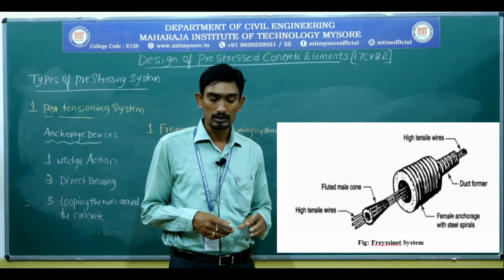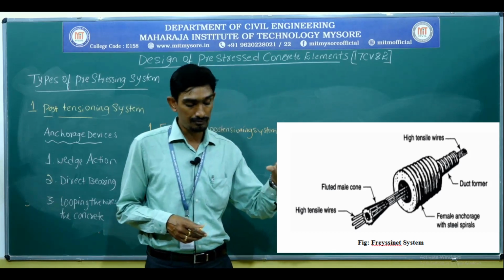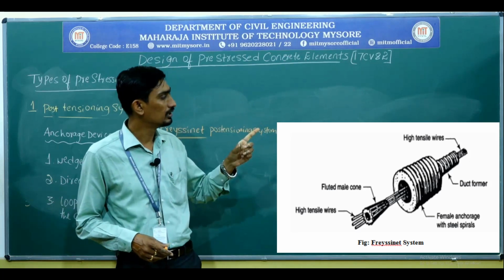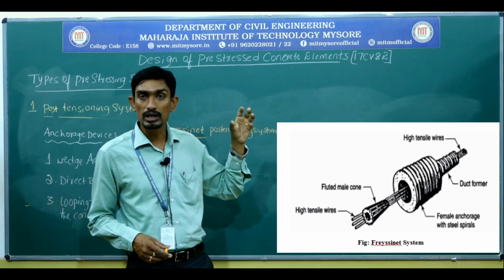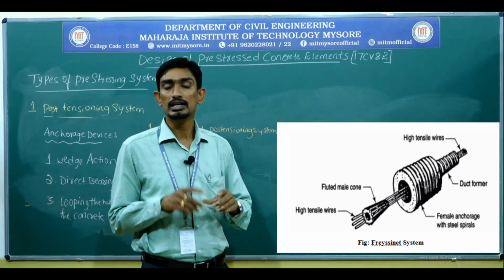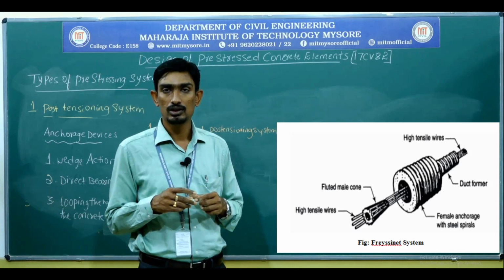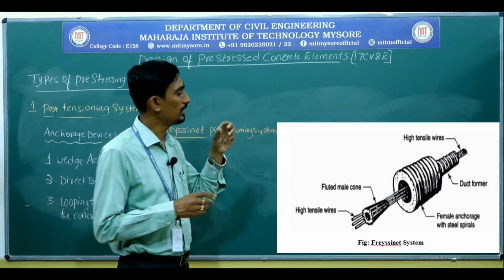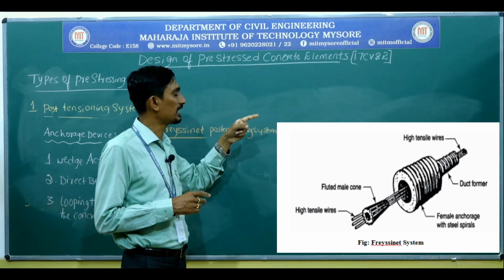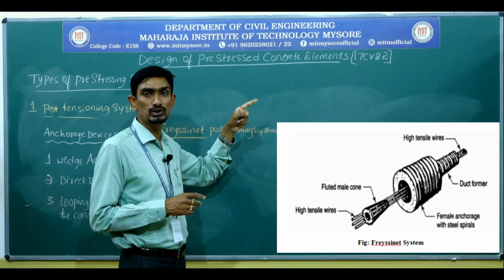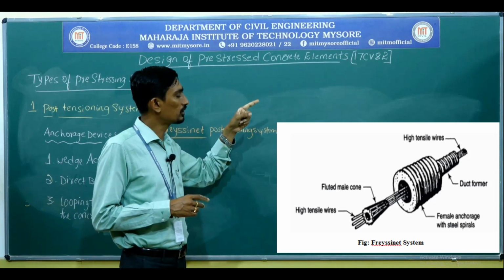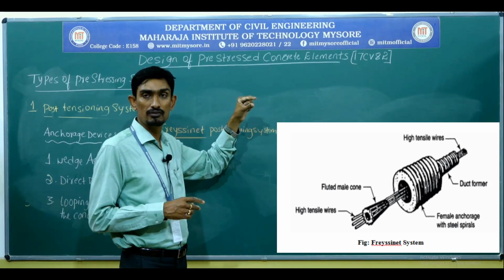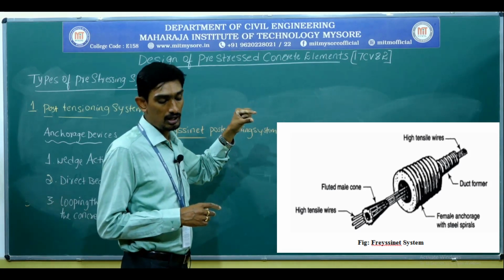Please see the figure, how the concept has been developed. It comprises a cylinder with a conical interior. The conical interior is made in such a way that a number of high tensile wires will pass through the wedges. You can see the spread one; the small one is called the wedge.